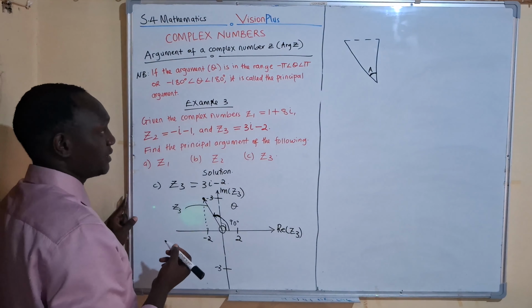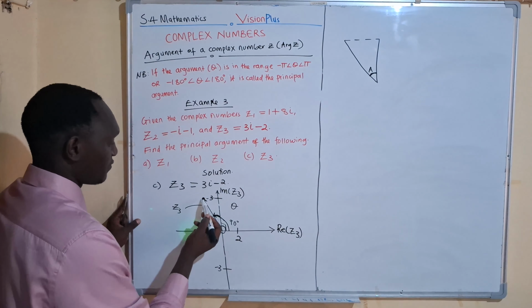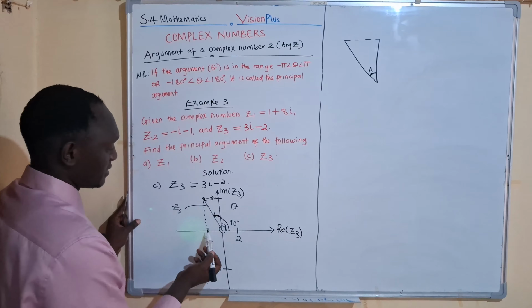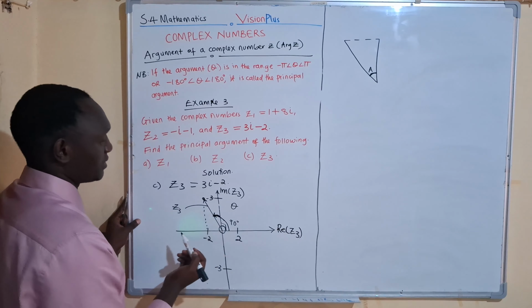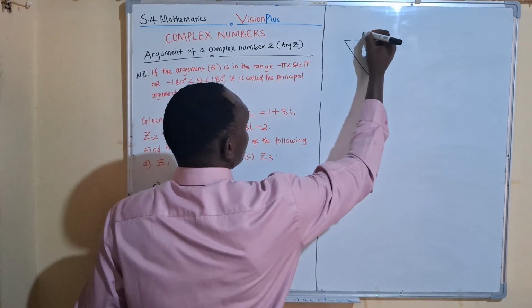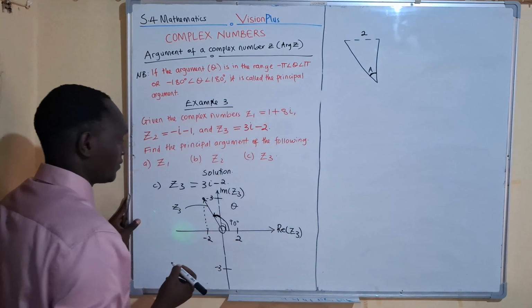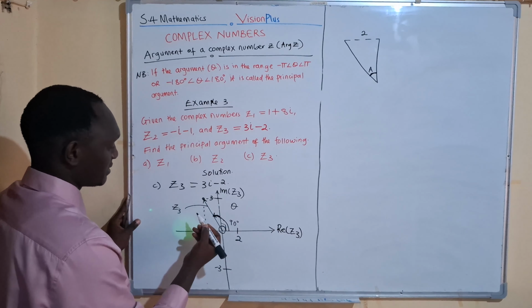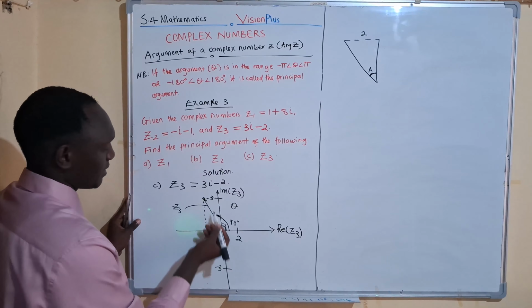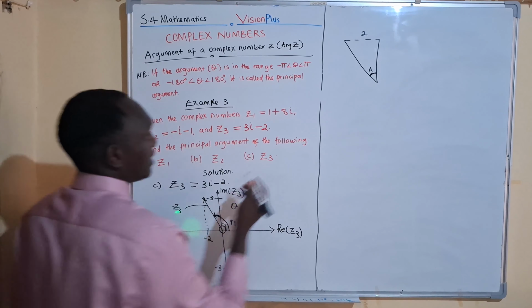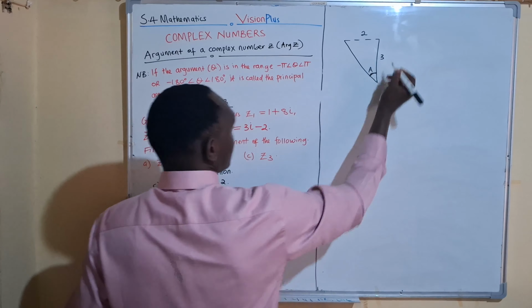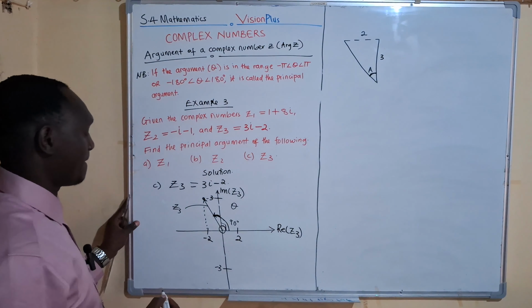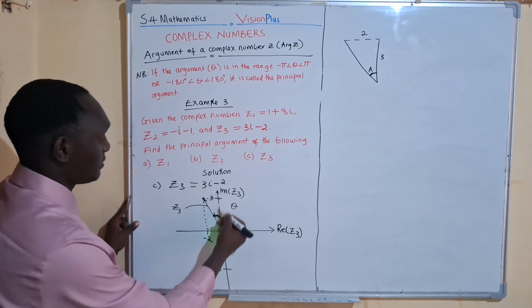Now you need to indicate the distances. From here to here is the same as from here to here, which is 2 units. Then from here to down here is the same as 3. It is positive 3.